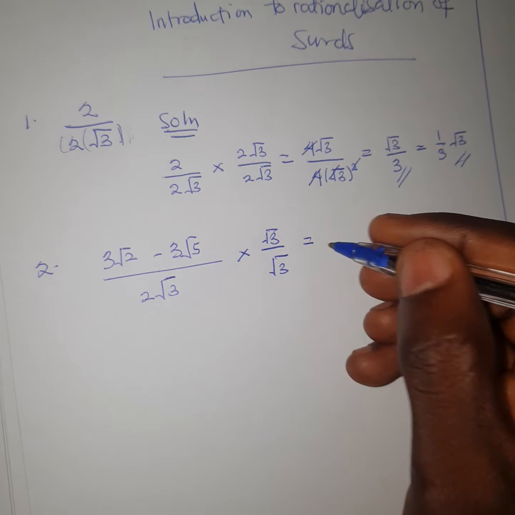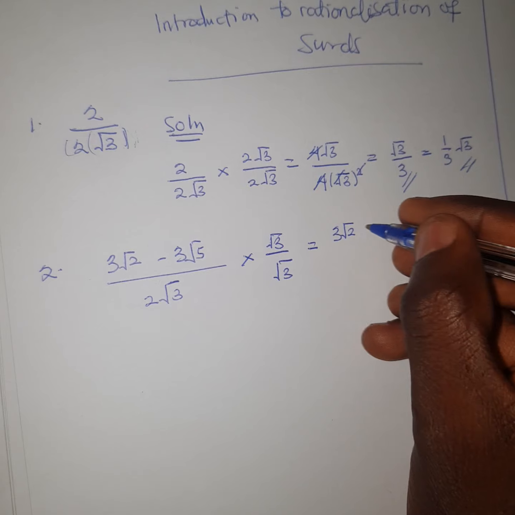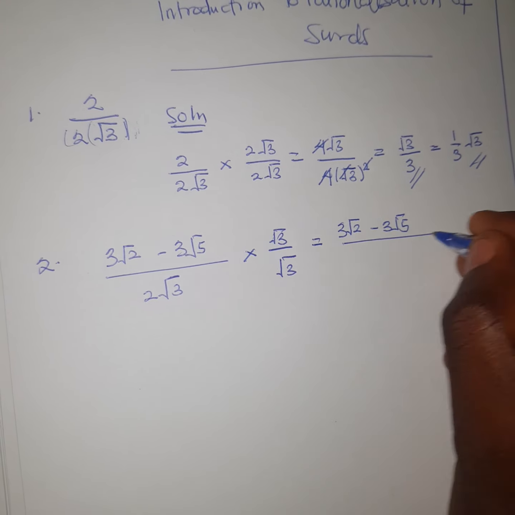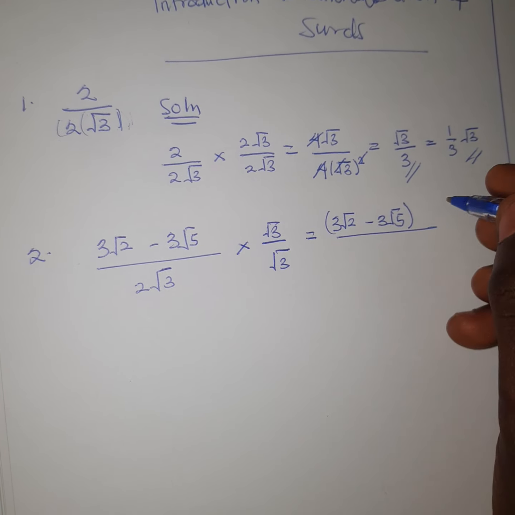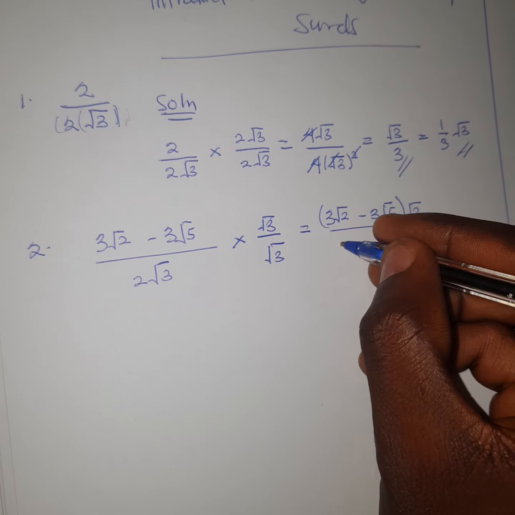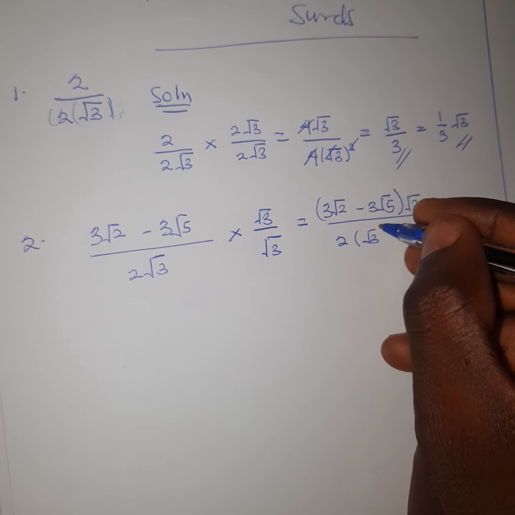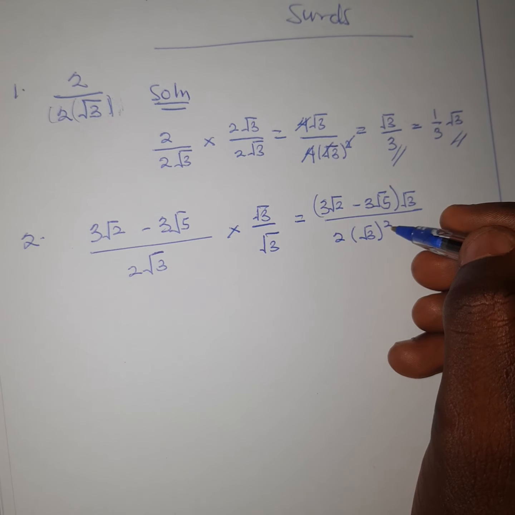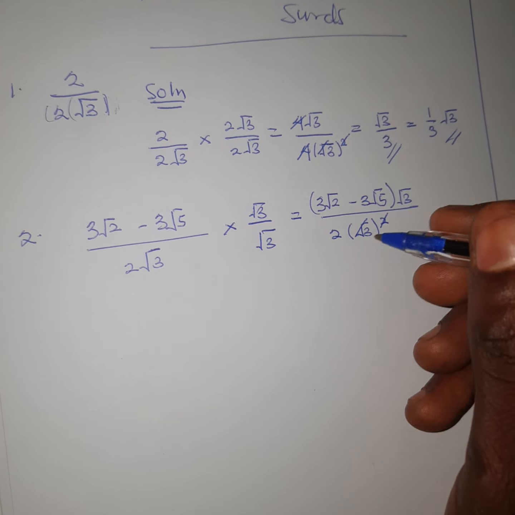Multiplying this, you're going to get 3 root 2 minus 3 root 5, all multiplied by root 3, over 2 multiplied by root 3 squared. Just as in the other example, the square will cancel the root sign. It's the same thing.